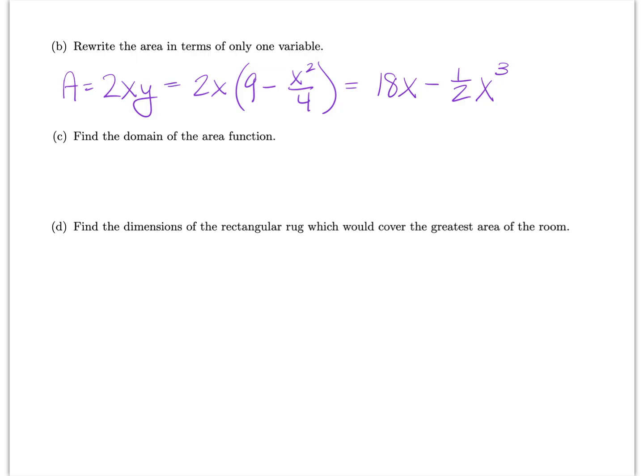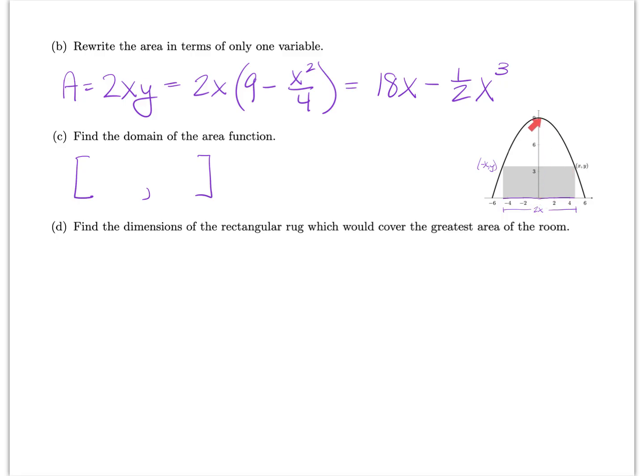Okay, to find the domain of the area function, that is, what values of x can I plug into this function that make sense? The smallest x I can plug in and the biggest x I can plug in. I just grabbed a picture of our room and rug again. The smallest x can be: x is how far you go over from the origin to get a point on this curve.